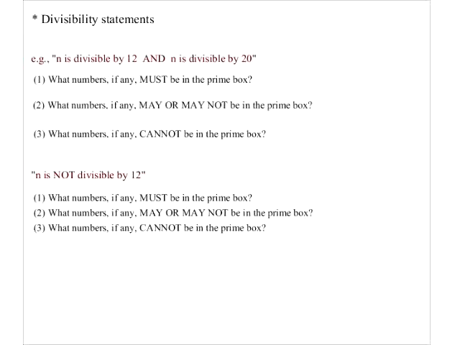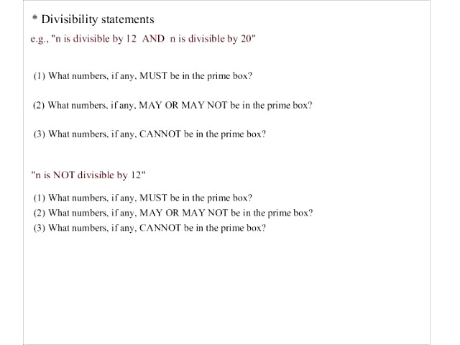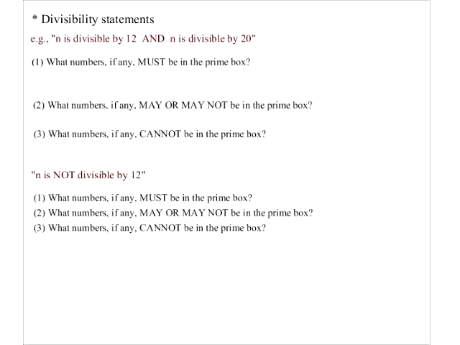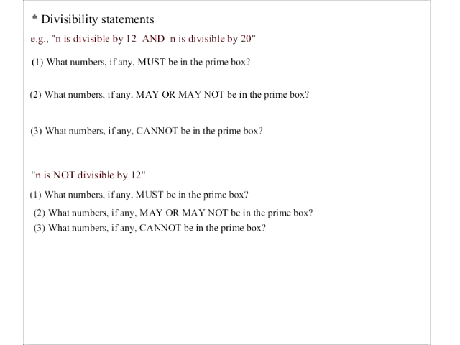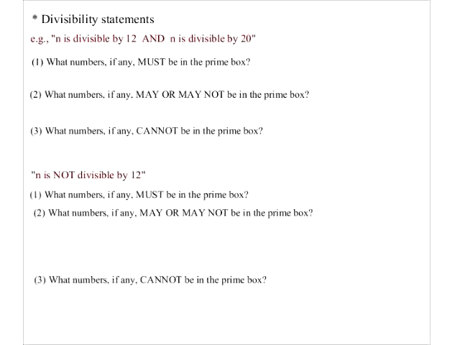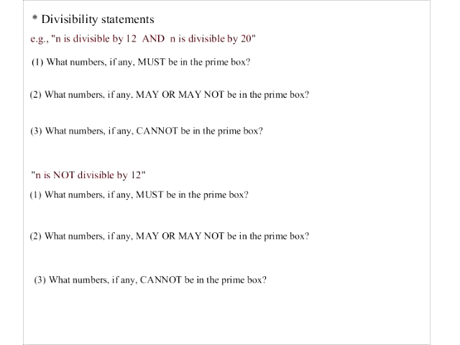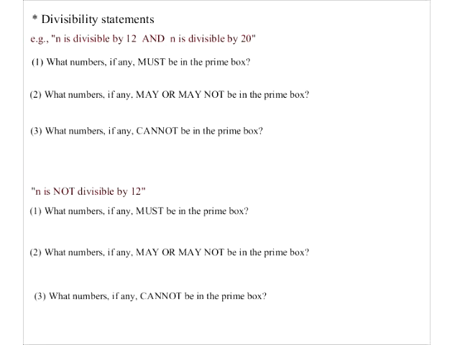If I say n is divisible by 12 and n is divisible by 20, and as we go through this, we're also going to hit another hot topic here, which is how to combine statements like this. So let's take a look. If n is divisible by 12, then someone tell me in the text box what has to be in n.